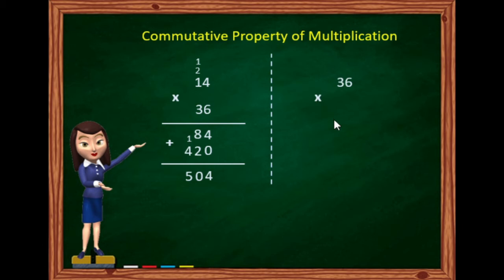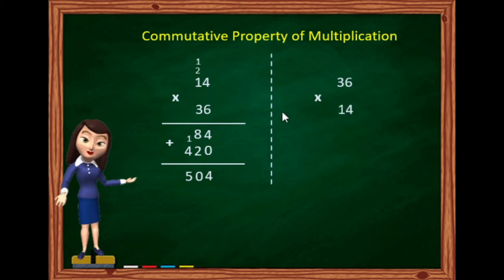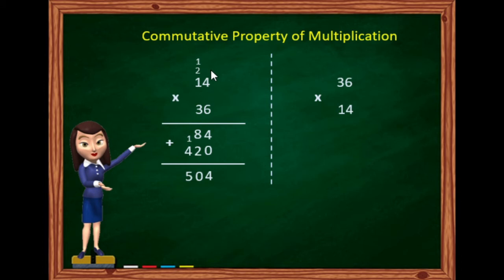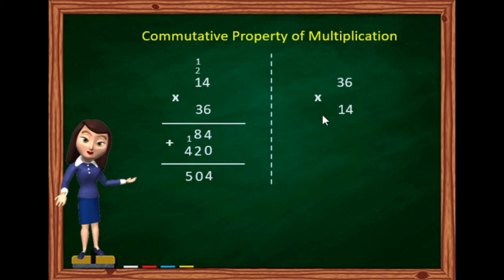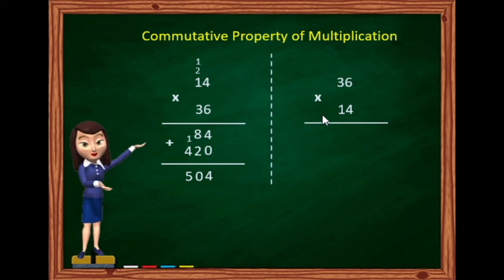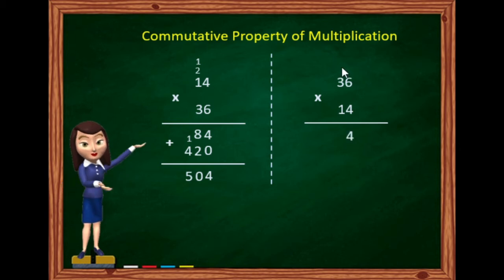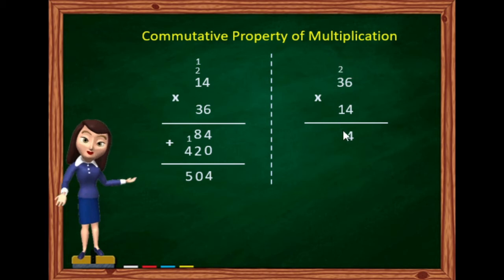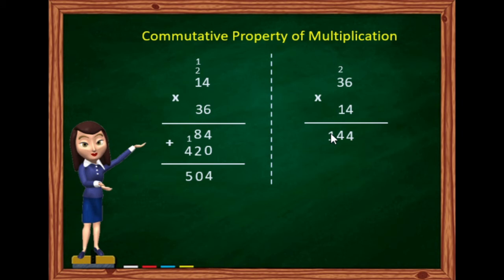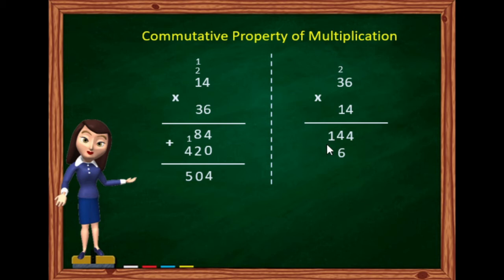Let's take a look at the other example: 36 times 14. As you can see, we changed the position of the numbers. 36 is on top, while 14 is at the bottom. Let's see if the answer is still the same. 4 times 6 equals 24. Bring down 4, carry 2. 4 times 3 equals 12, plus 2 equals 14. First product. Then we proceed to 1 and 6. 1 times 6 equals 6. 1 times 3 equals 3.